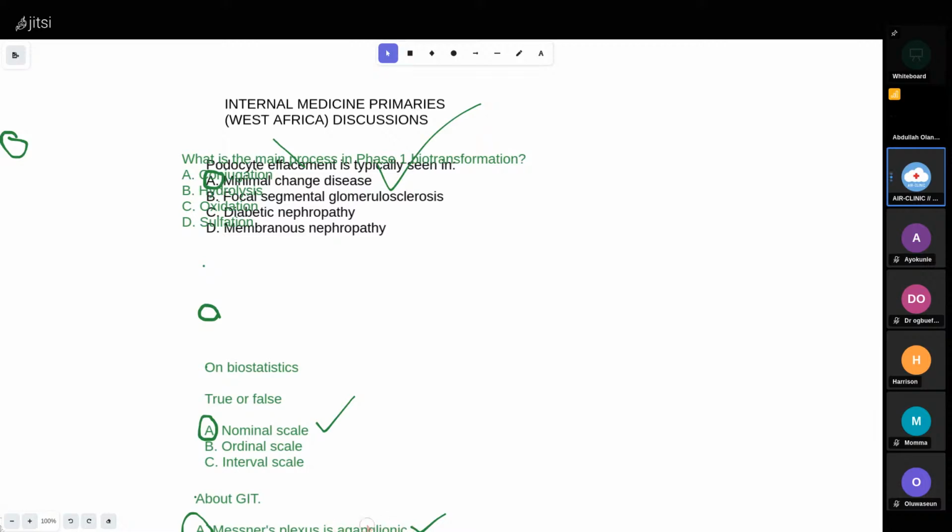This is a question of a pregnant woman with a BP of 160 over 100 millimeters of mercury on first antenatal visit at 14 weeks.